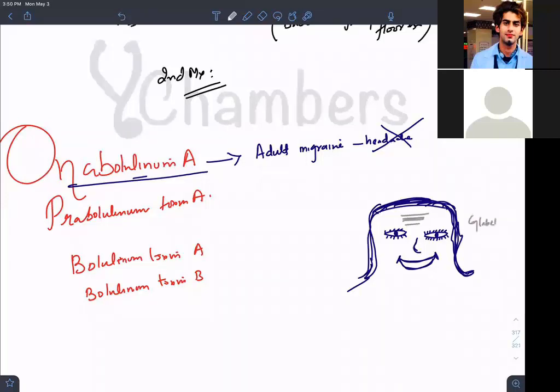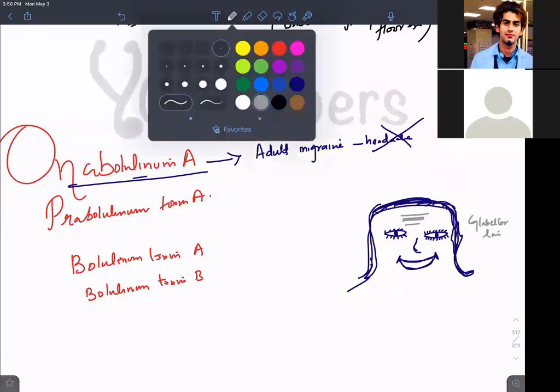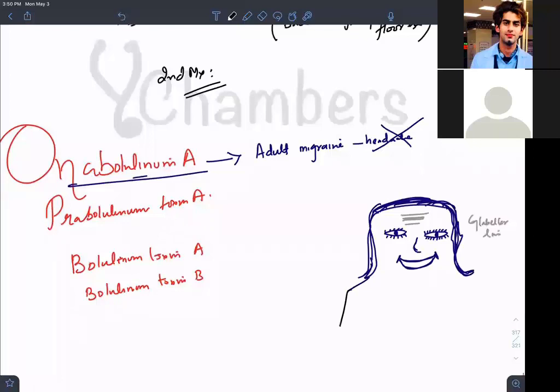For these lines, you are injecting botulinum toxin, so that her lines can improve.